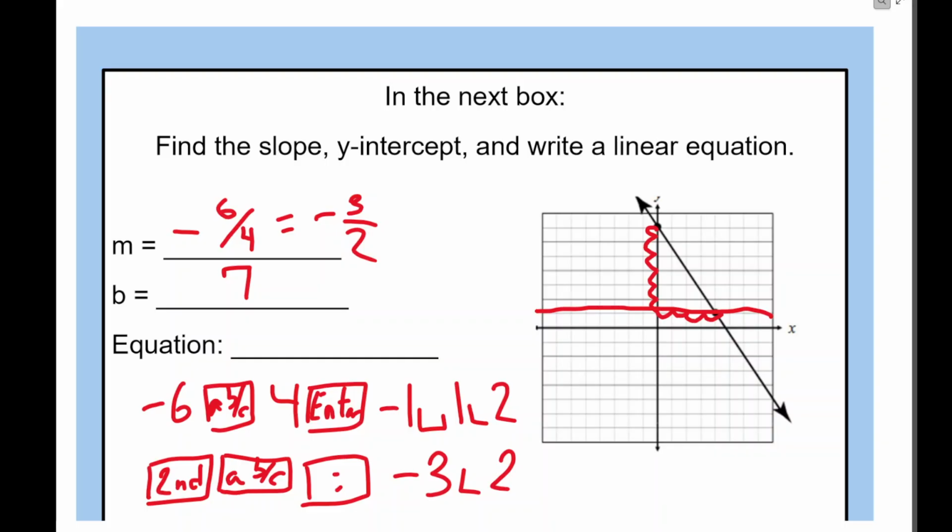So now, writing an equation. We have y equals, negative 3 over 2 is our slope, so we put negative 3 over 2 x, and then our y-intercept is positive 7. And that's our answer.